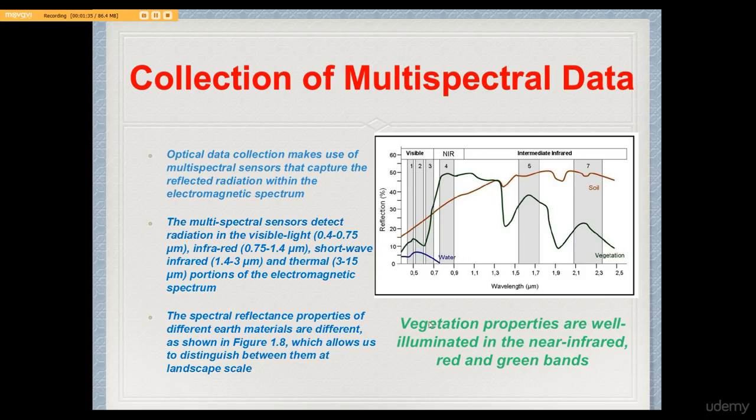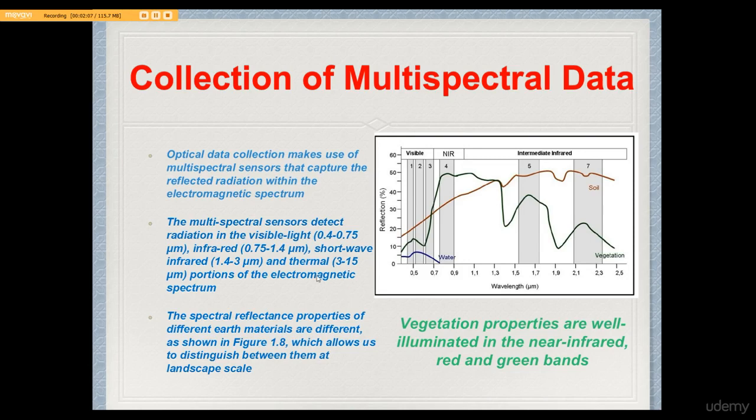And when the optical energy is reflected back, it comprises multiple spectra which have different wavelength ranges. So what you see over here is the electromagnetic spectrum, and this is what the optical data sensors capture. They capture the reflected wavelength across a number of different wavelength bands, and this is where the multispectral bands come about, and all optical data comprise multispectral bands.